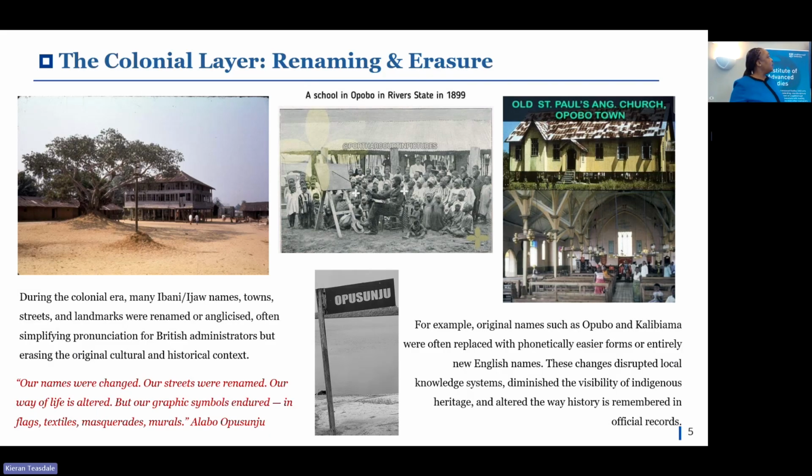So when formal documentation of heritage information started coming up, things like museums, photography, libraries, it favored those that were seen rather than those that were taught, which are intangible, the oral ones. So in other words, while textual records may have obscured aspects of local history, graphic heritage continued to carry the cultural memory forward.